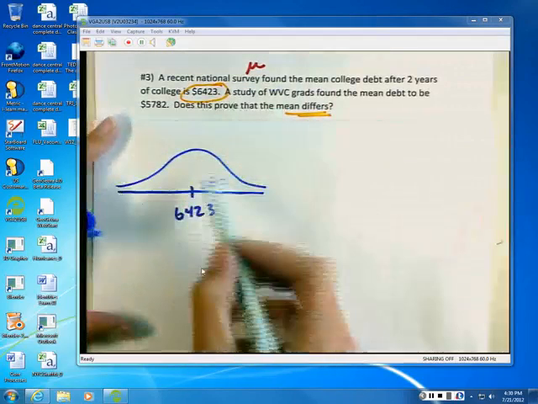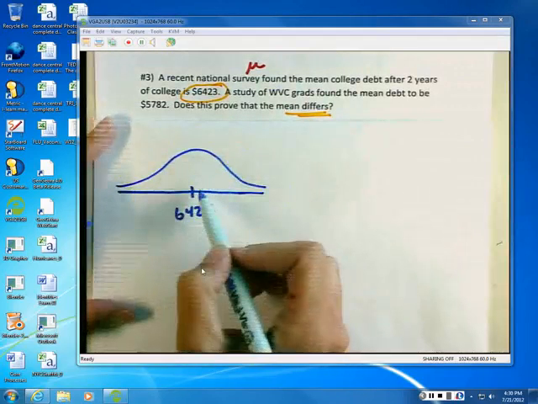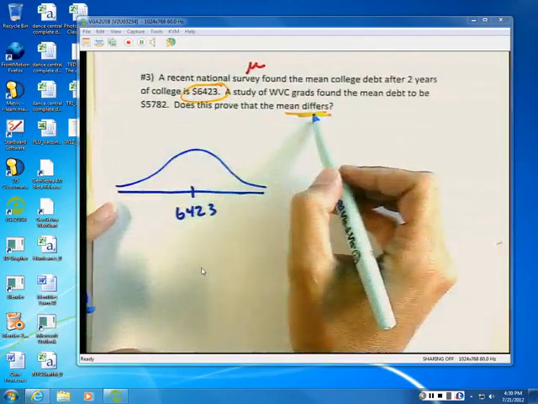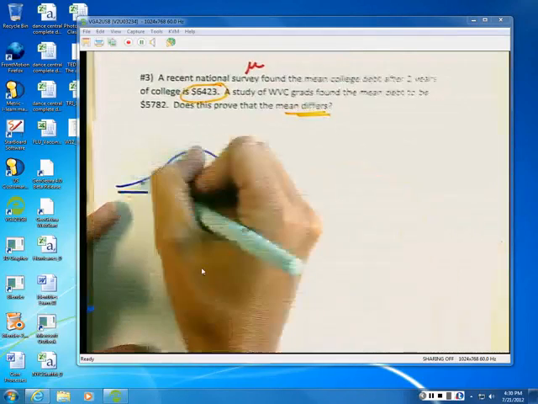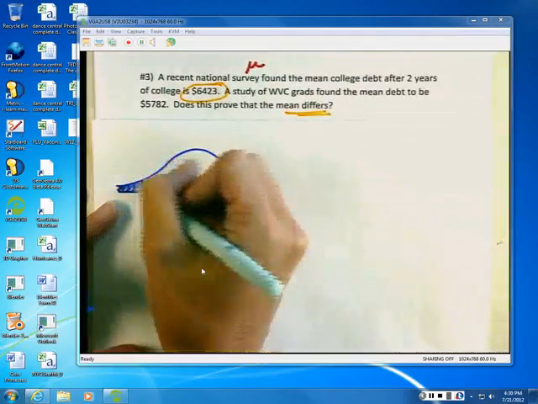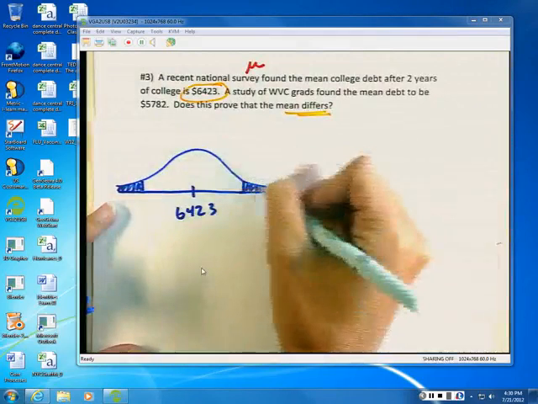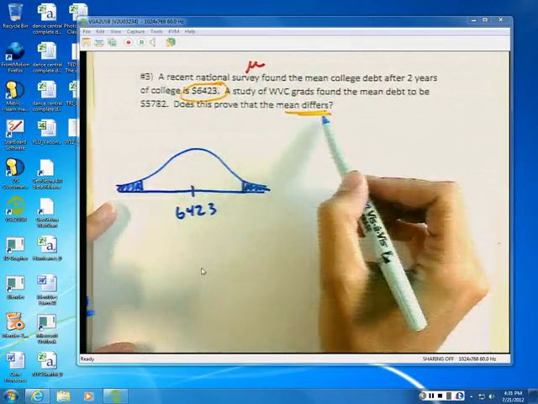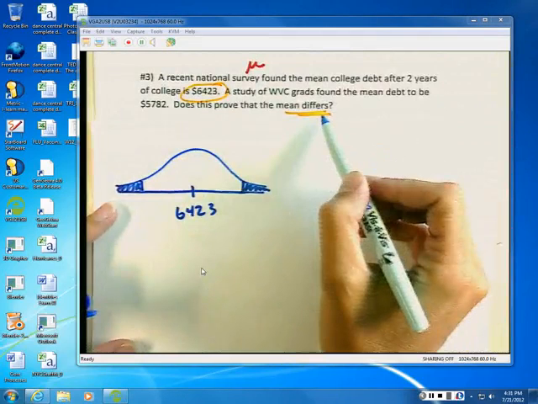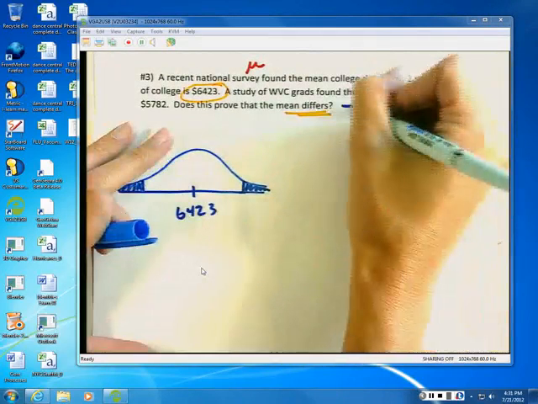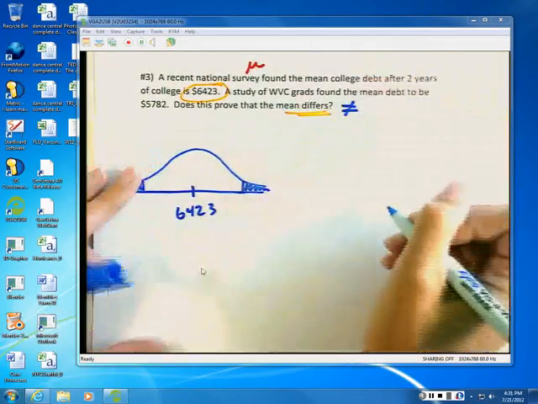It's either going to be close enough to 64.23, or I want to know if it's different. There's two ways it can be different. It could be lower, like what we got in our sample, significantly lower, or it could be higher. Our sample didn't have one that was higher, but differs just means that it could be either higher or lower. Differs really means not equals.